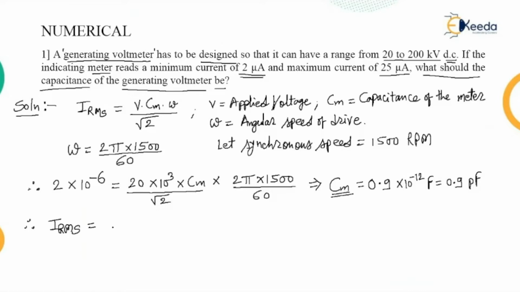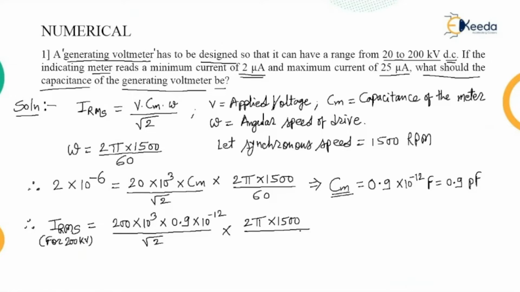Over here the voltage was 20 kilovolt, so for 200 kilovolt, IRMS is equal to 200 into 10 to the power 3 into Cm, which is 0.9 into 10 to the power minus 12, divided by root 2, into twice pi, 1500 divided by 60.